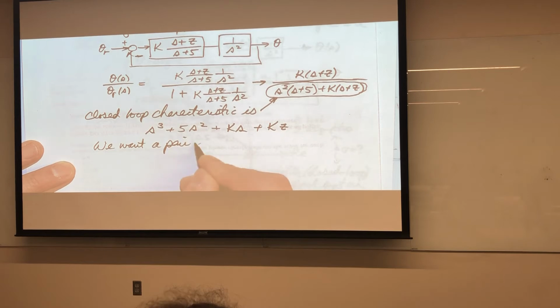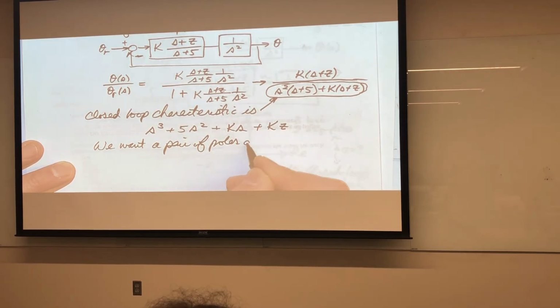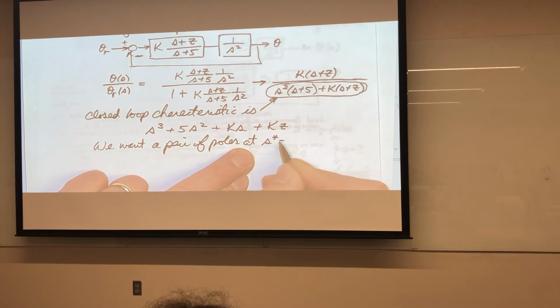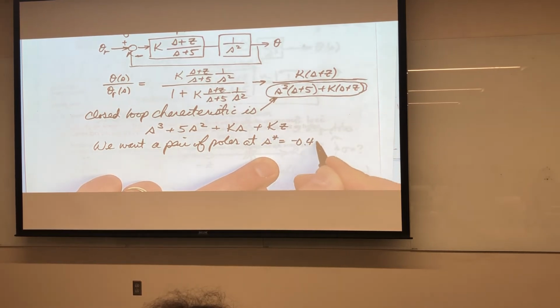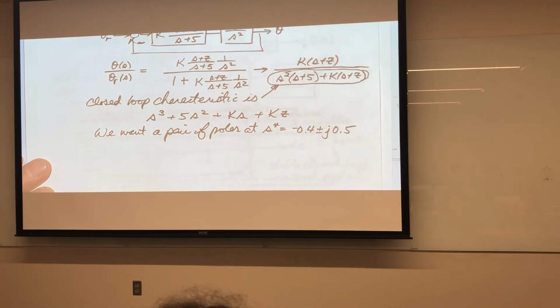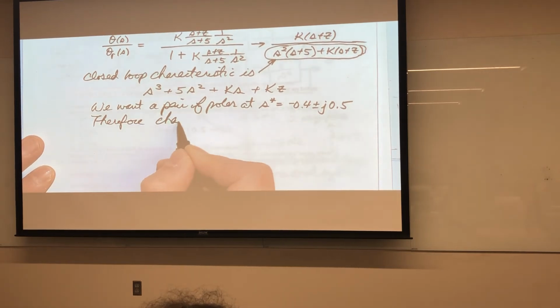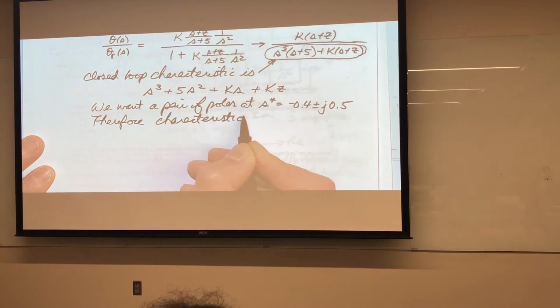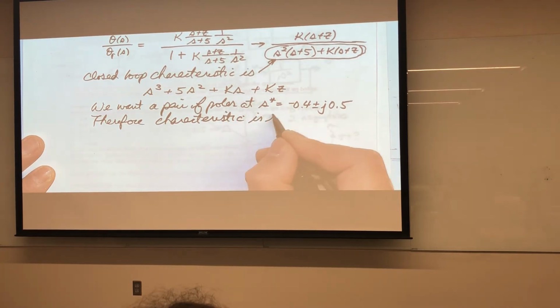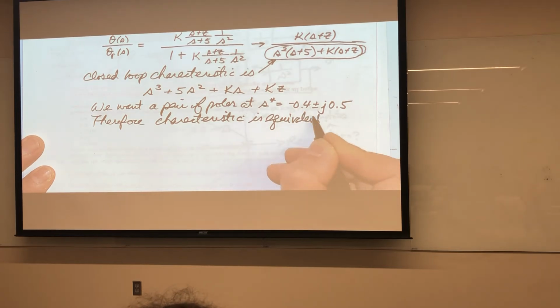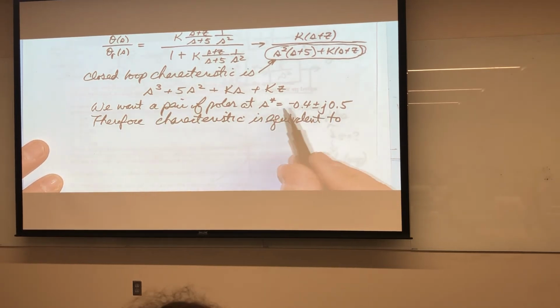a pair of poles at s star equal to negative 0.4 plus and minus j 0.5. So that means this characteristic equation, therefore, the characteristic is equivalent to, it must have a total of 3 factors.